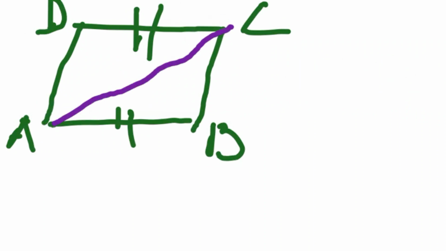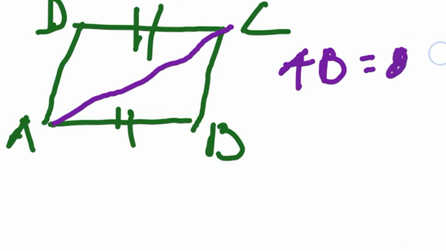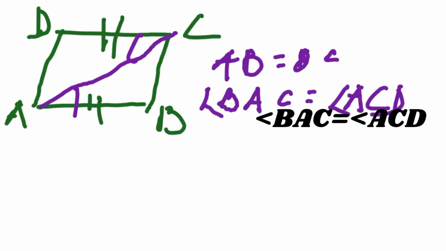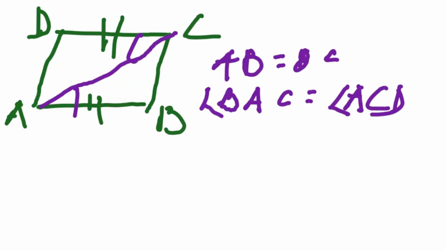Proof. In triangles ABC and CDA, we have AB equal to DC, given. Angle BAC is equal to alternate angle ACD, since AB is parallel to DC and AC is the transversal.